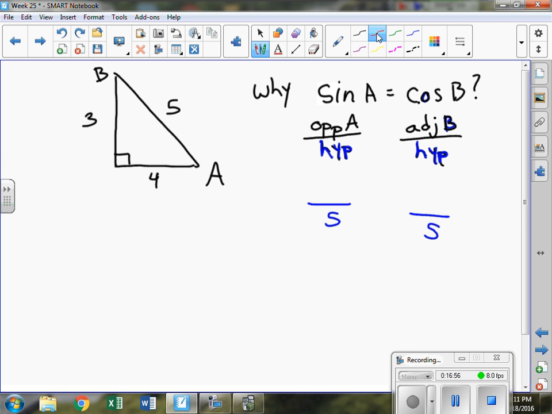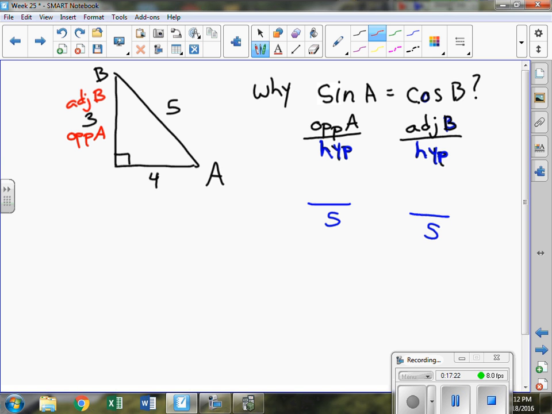Why? Keep this in mind. Where is the opposite of angle A? 3. That's the 3. Also consider, where is the adjacent to angle B? 3. You notice, just like we did last time, they're talking about the same side.